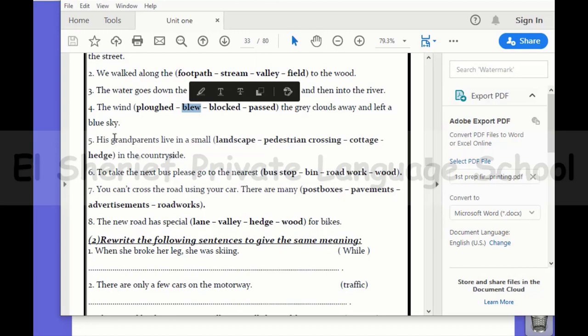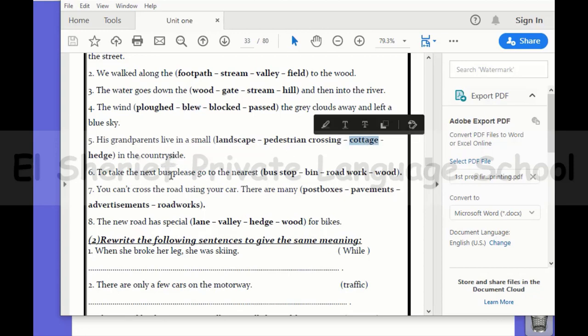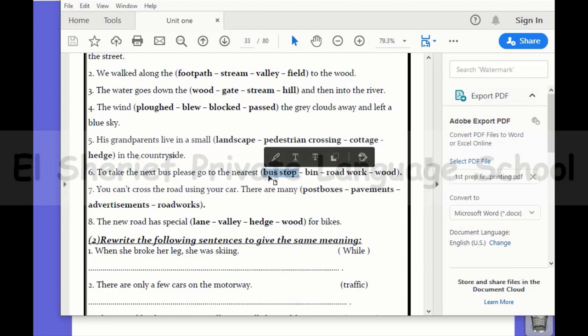Number 5. His grandparents live in the countryside. So in a small cottage. Number 6. To take the next bus, please go to the nearest. So the answer is bus stop, bus station. Number 7. You cannot cross the road using your car. There are many.